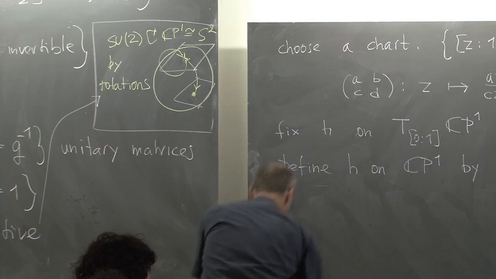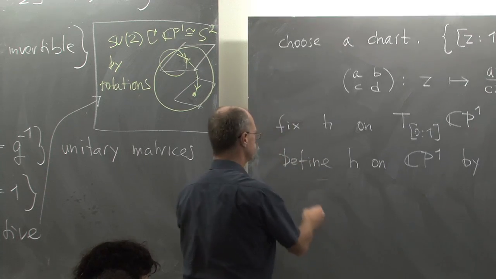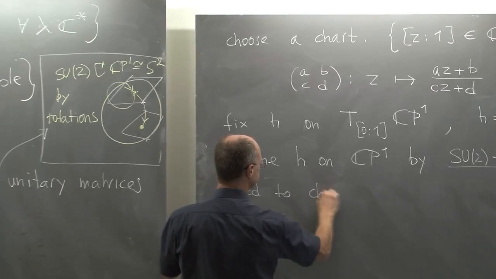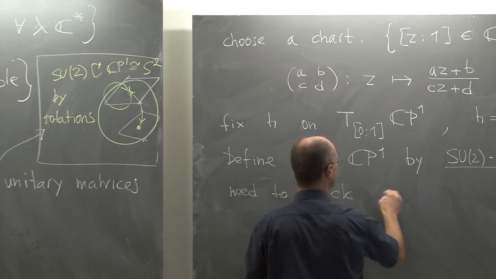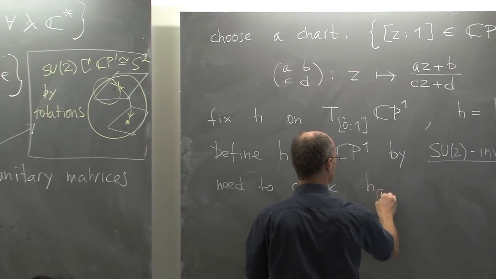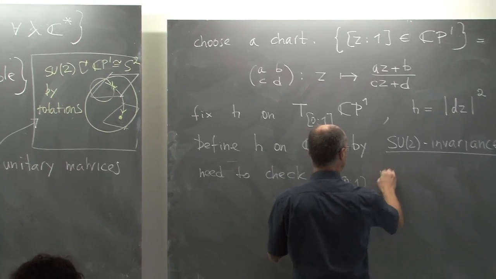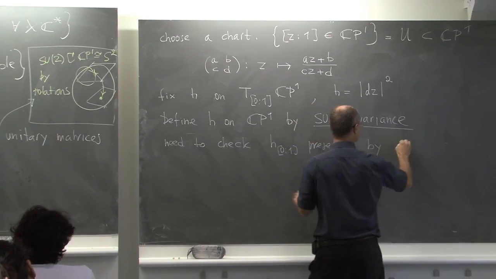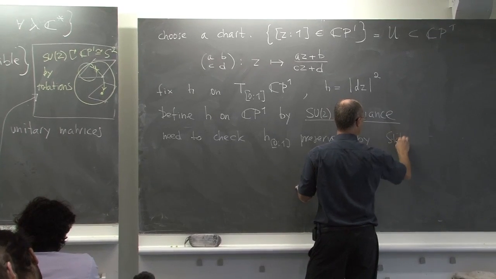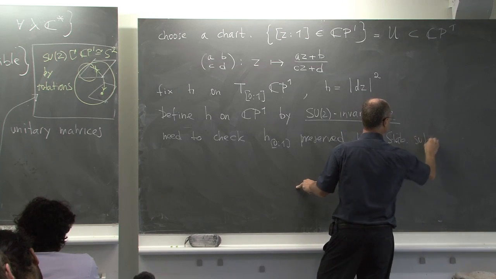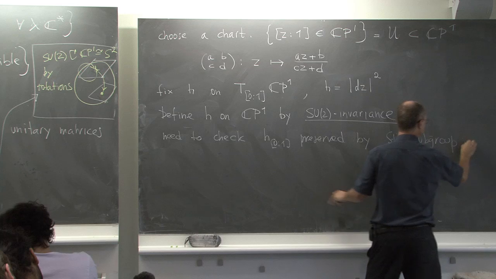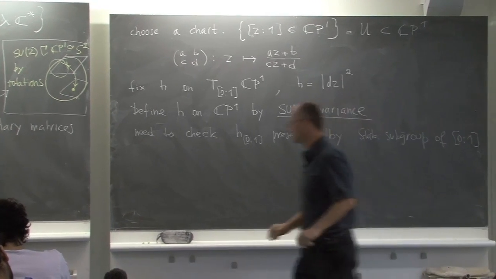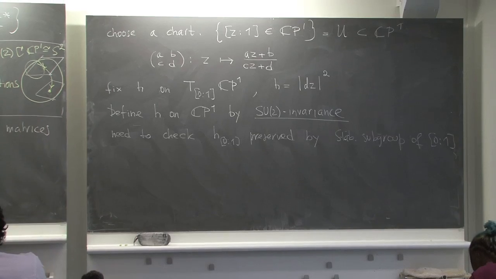So we need to check that H at 0, 1 is preserved by the stabilizer subgroup of 0, 1.